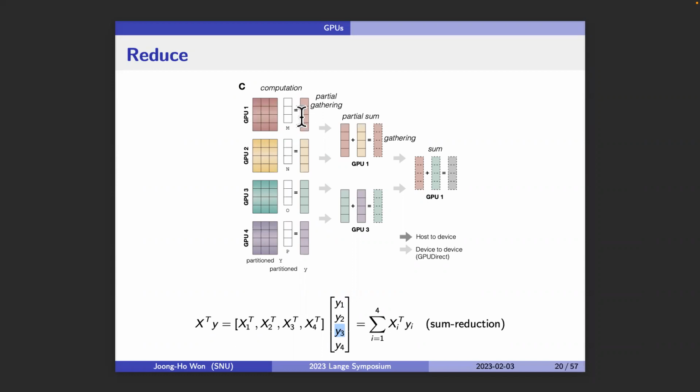But that's not the end. You have to gather those results, and then sum them. So it involves more communication, more gathering steps and the summation. This operation is called reduce. If you are familiar with MapReduce, that's the same reduce operation. And in this case, it's particularly a sum reduction.